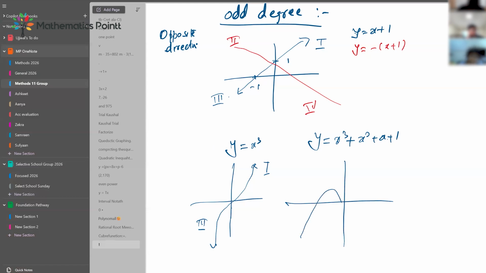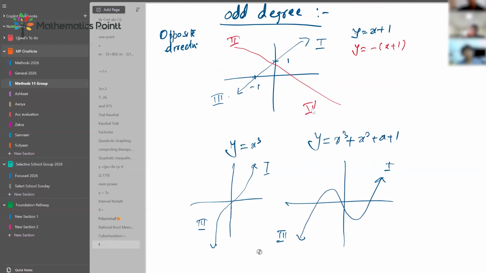It will have something like this. So there are two shapes of cubic. Still here, you have first quadrant, third quadrant. Arms are in the opposite direction. Very, very basic principle.